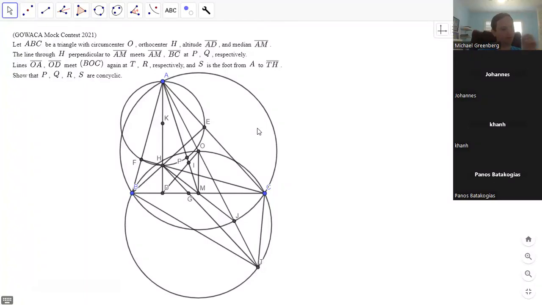All right, let's spend like another 10 minutes on this. Yeah, I don't know why it doesn't look that hard, but somehow I'm getting stuck.